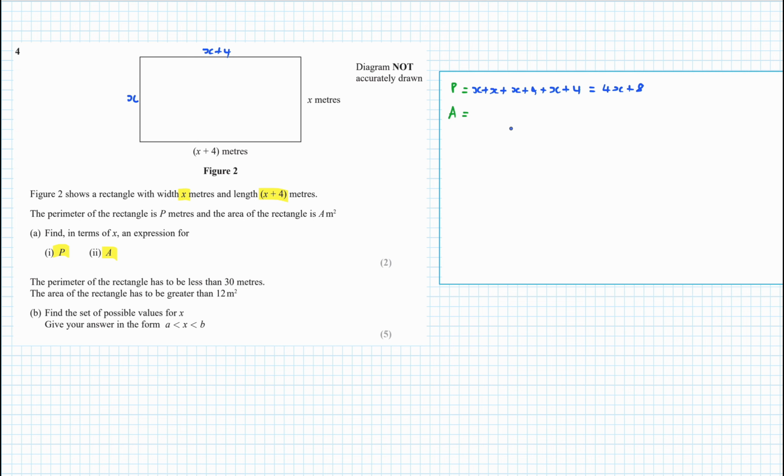Now the area, x times x plus 4 is x squared plus 4x. Great. We found them in terms of x as an expression.